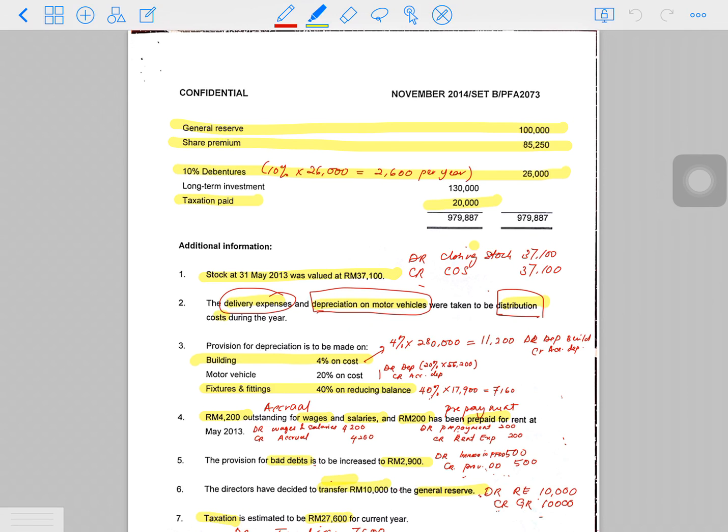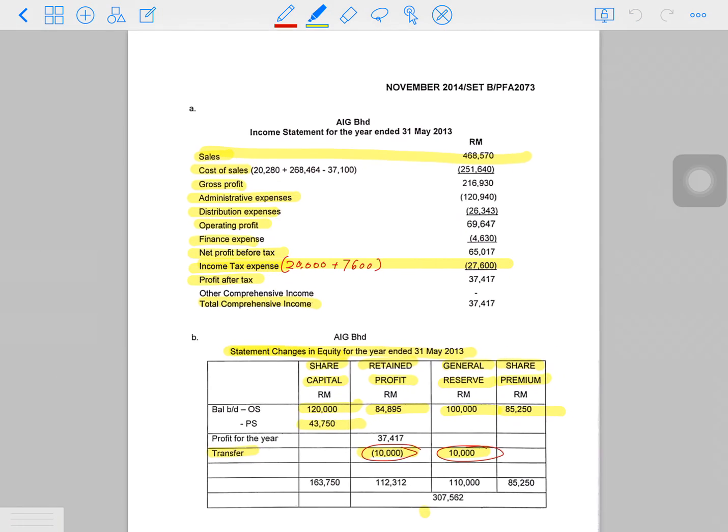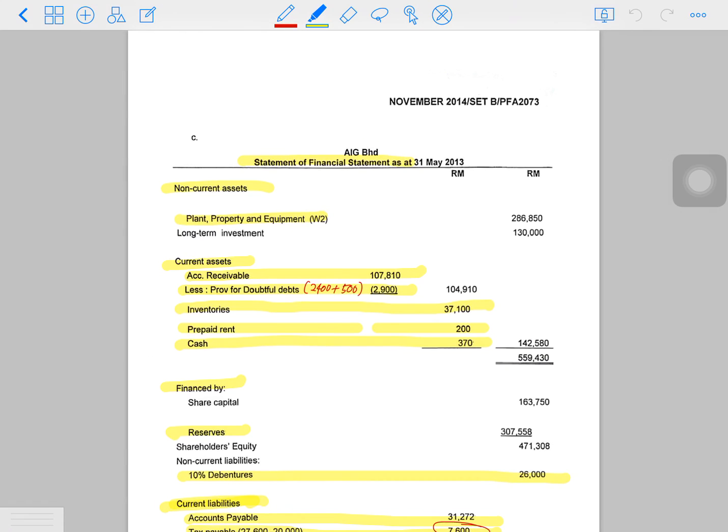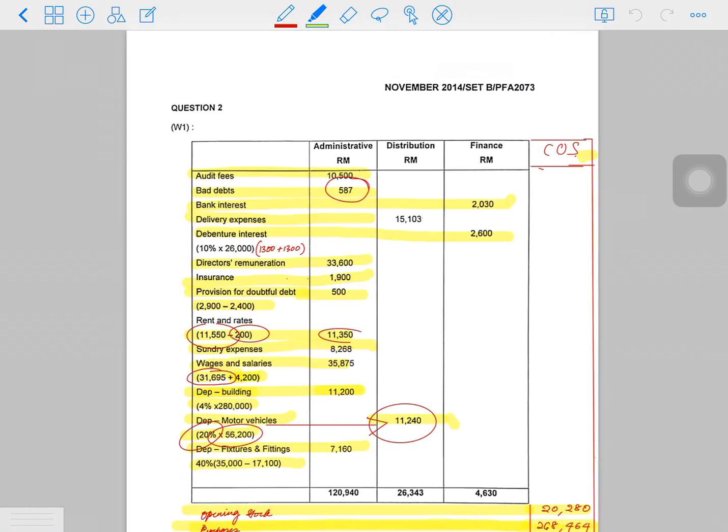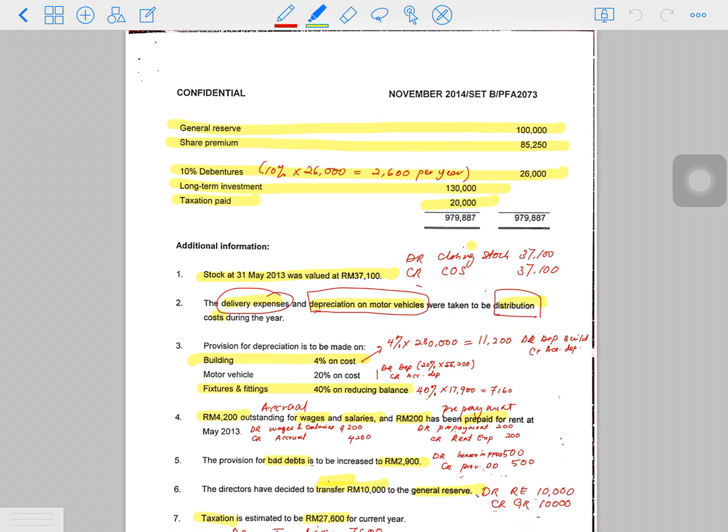Next we have long-term investment 130 under financial position. Okay, long-term investment, non-current asset. And then we have lastly tax. We have dealt with 20,000 tax. Okay, we have done that.